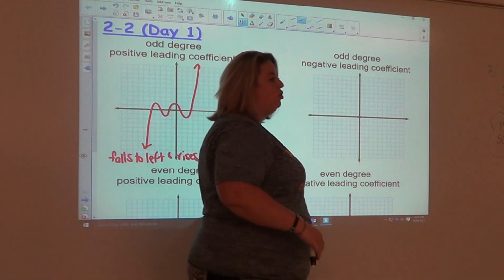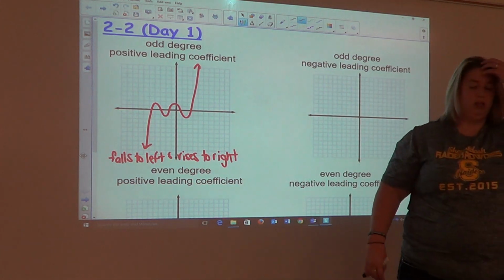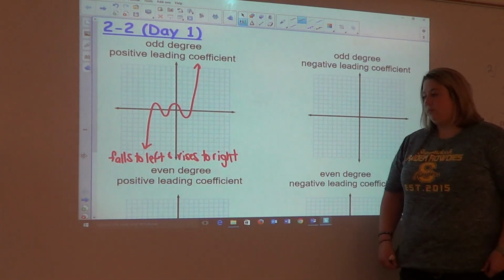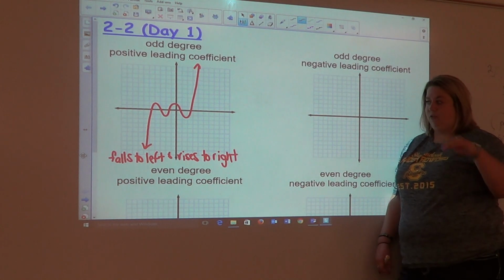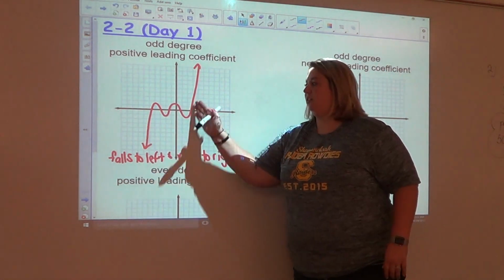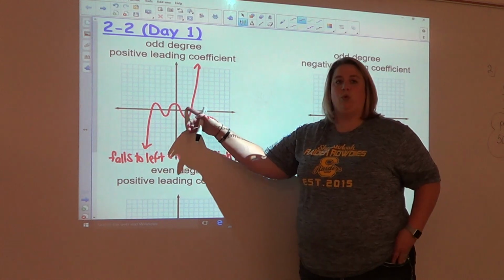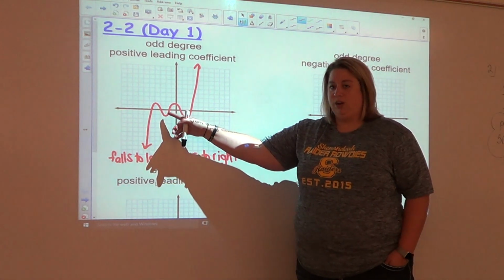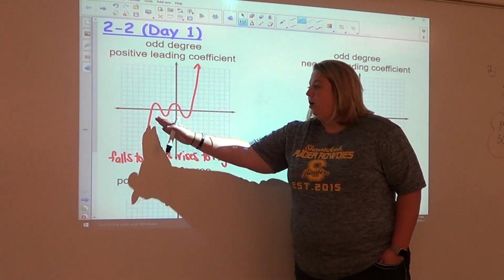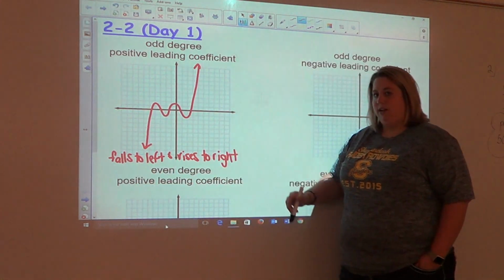You need to use your words. Do not draw arrows. So it falls to the left, rises to the right. You could have 20 humps in there, or no humps. We care about the left hand and the right hand side.